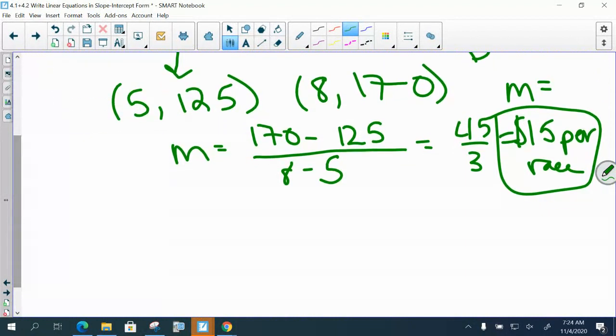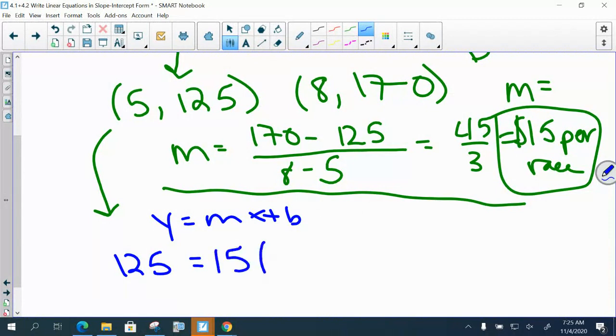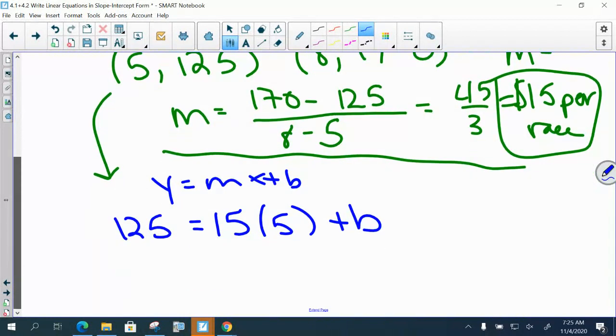And then obviously I'm going to pick the 5, 125. So I'll just draw a little line here. This is the second part. So y equals mx plus b. The y is 125. The slope that we found is 15. The x is 5. And then plus b.